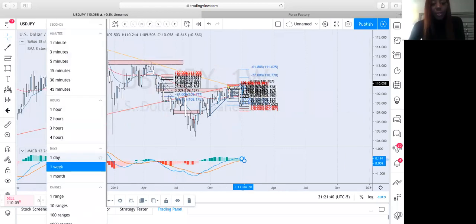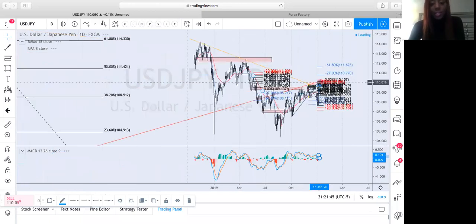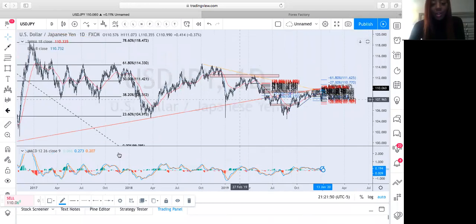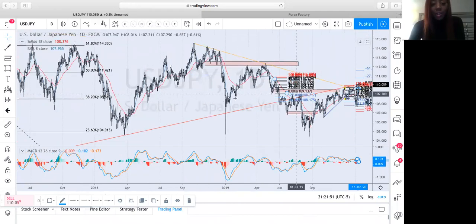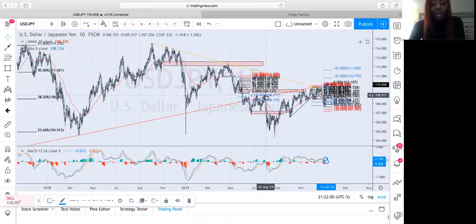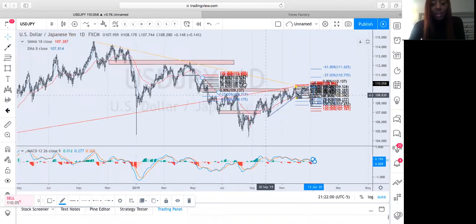All right, so this yellow is the monthly here. This right here was structure that was broken. This red trend line here was a weekly trend line. It was broken, then respected, came down, broke, and now it looks as though it's retesting that. You see?